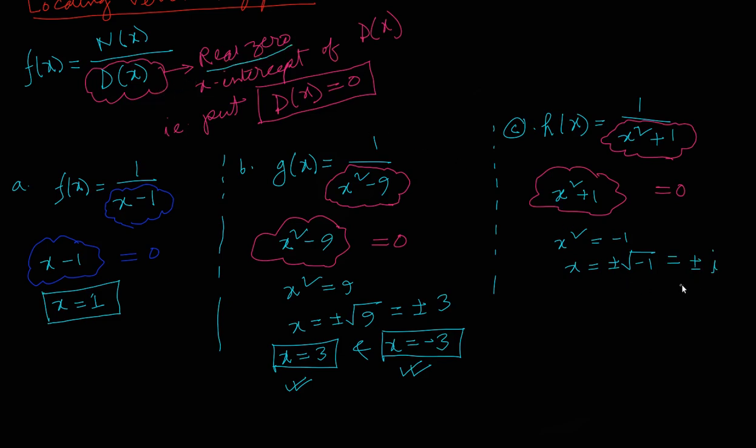This is not a real number, it is an imaginary number. So that means for my third problem, I do not have any vertical asymptote, no vertical asymptote for this particular problem. Okay, so that is basically the three examples.